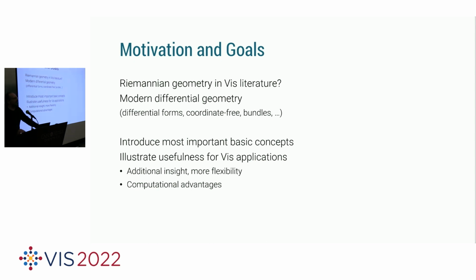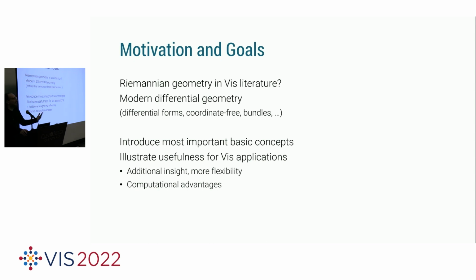in general about, let's say, modern differential geometry with modern constructs like differential forms, coordinate-free approaches, tensor bundles, vector bundles, and so on. So what we'll do is we'll introduce the most important basic concepts and illustrate some example applications for visualization with the main goal in some sense is probably gaining more insight, like what different constructs in visualization actually mean and what different constructions or different variants would change.